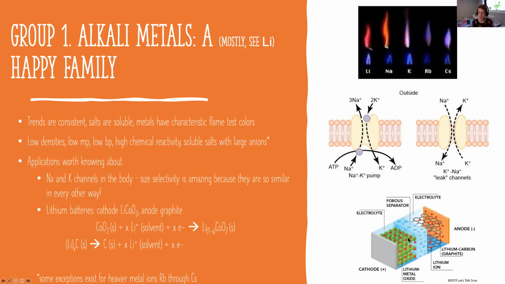In terms of what's happening, your cobalt oxide reacts with lithium ion to reduce to the cobalt oxide solid. The lithium carbon will oxidize that lithium, so the lithium is then oxidized and goes to lithium plus, and then that's exchanged across. That's a nice application of lithium batteries.